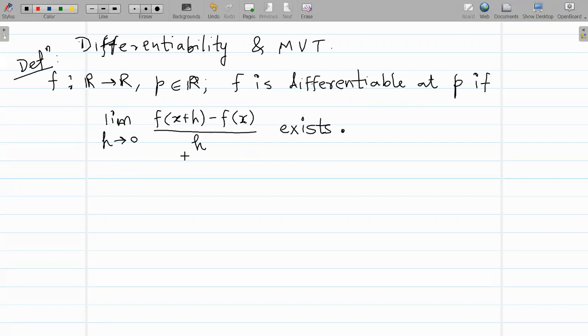Fine. Only thing is, because I'm using p, I will just change it to p. That's it. So it's correct.